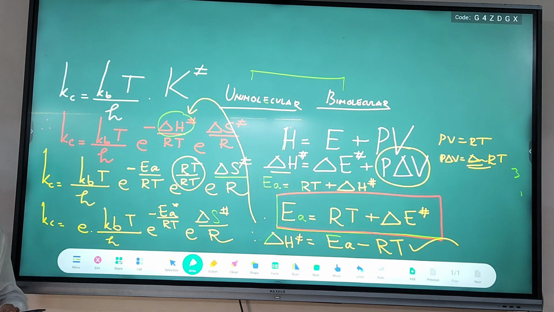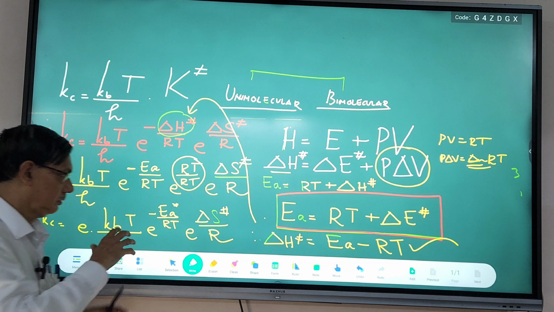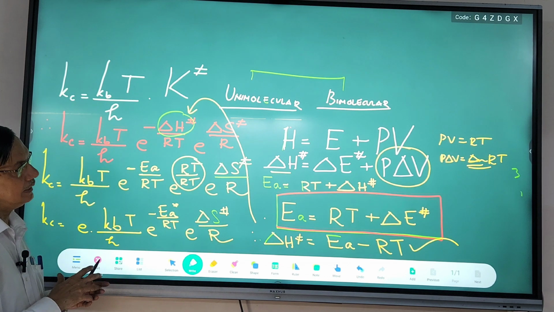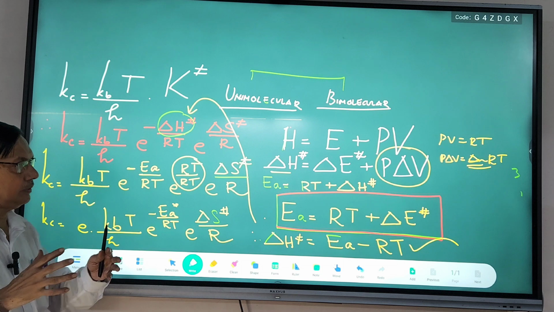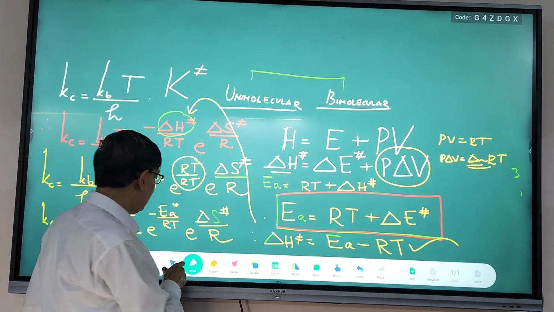Now I will proceed to the last part, the bimolecular reactions. Before that, as I told you, if you want to know the difference between the normal activation energy and the quantum mechanical concept versus the classical concept, you can plot a graph.